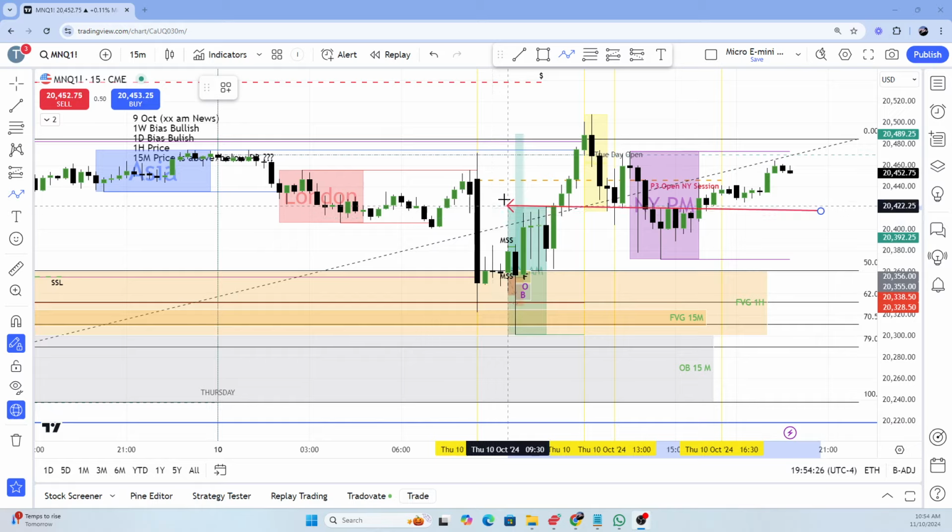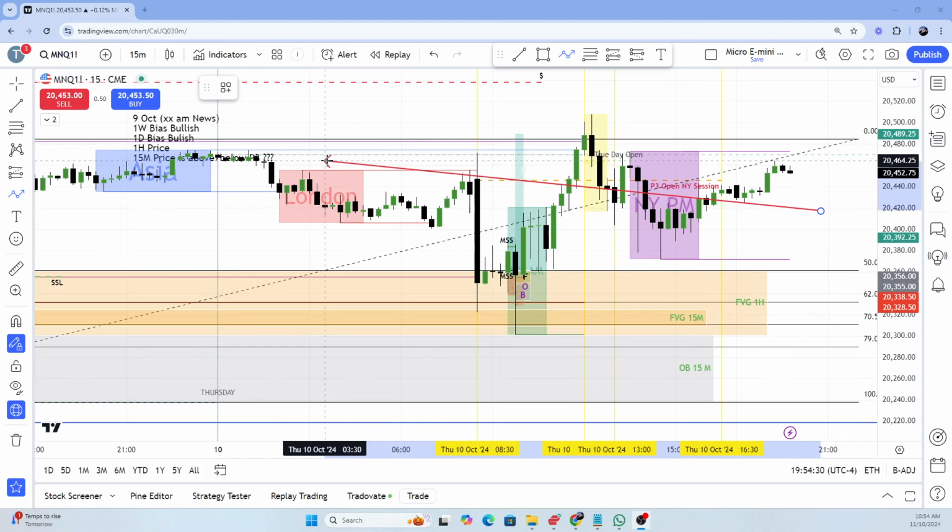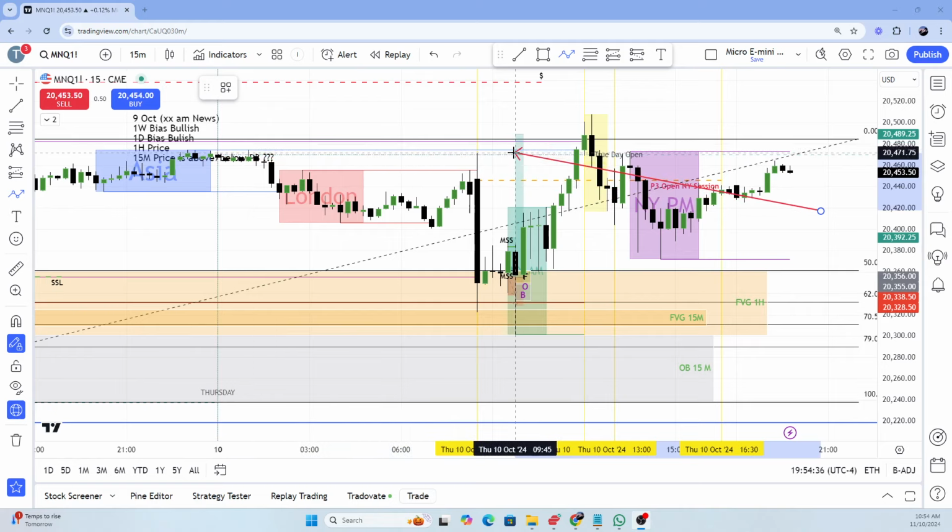If you look carefully, this dotted line here is the midnight opening price for the day, and this is the 8:30 a.m. price. So what's happening now is the price has been moved down by the algorithm. What does that mean? That push down gives us the power of 3 for the day, right?